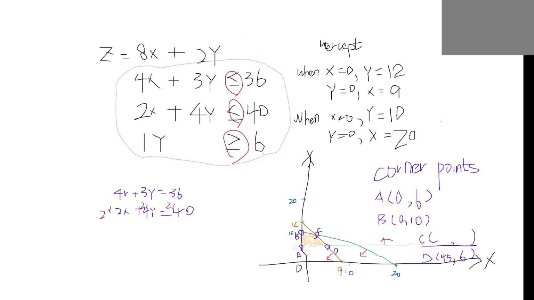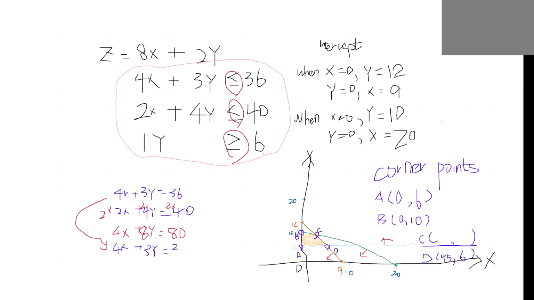So that's going to be 4x plus, oh I'm sorry, 8y equals 80. You see that? Yes. And then bring this one here. Again, 4x plus 3y equals 36.